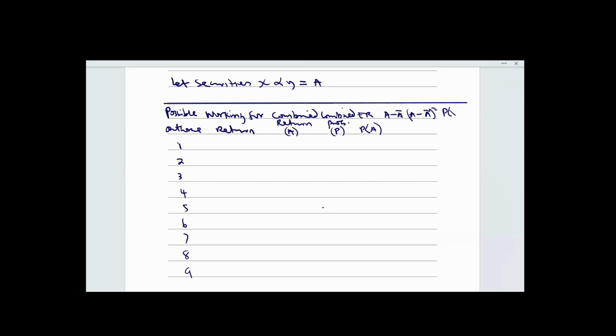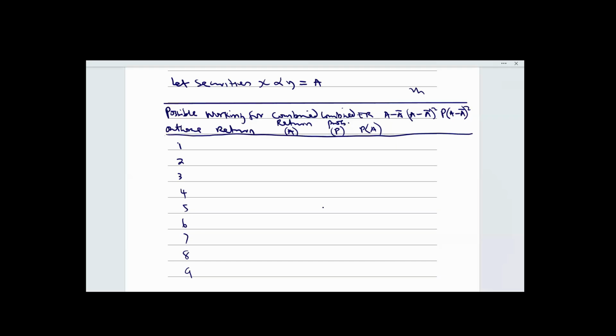Then probability of A minus A bar square. Okay.